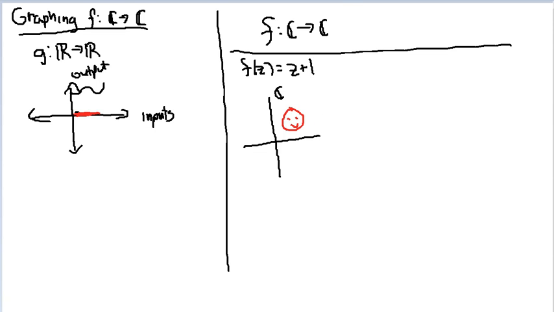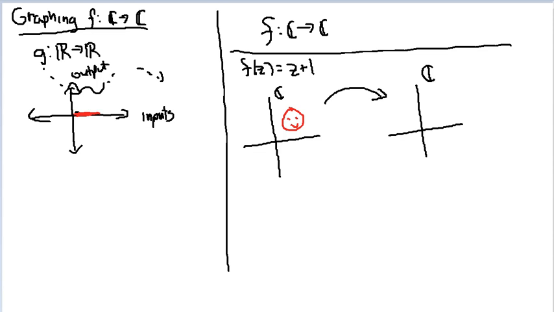I don't need to see what happens all over the place. You might only care about one part. If you only care about this part, you can draw another set of complex axes and figure out what happens to your smiley face.